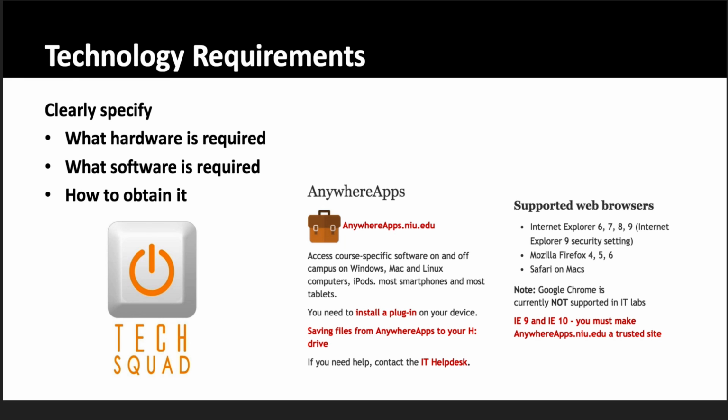You're going to want to let them know how they can get it. And maybe that's in the bookstore, maybe that's from a particular website. Maybe it's from Best Buy, and you just want to let them know where they can find it. Again, they're going to be more likely to be prepared on that first week of course by letting them know all of this.